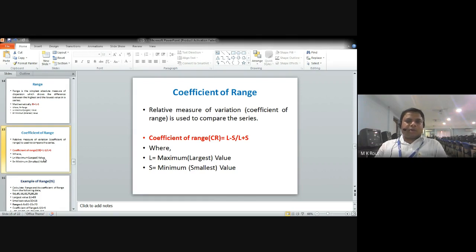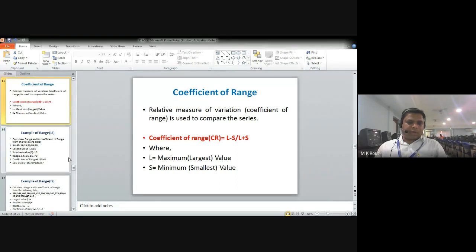The coefficient of range, CR, equals (L - S) divided by (L + S). I repeat, L minus S whole divided by L plus S, where L stands for the maximum or largest value and S stands for the minimum or smallest value. Just note it down, then we'll solve an example.